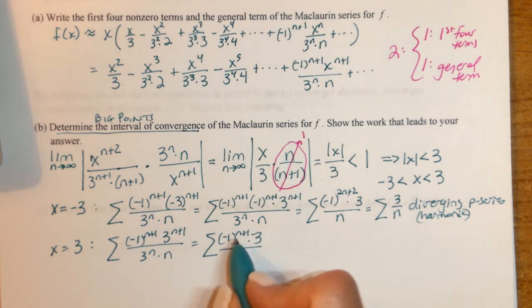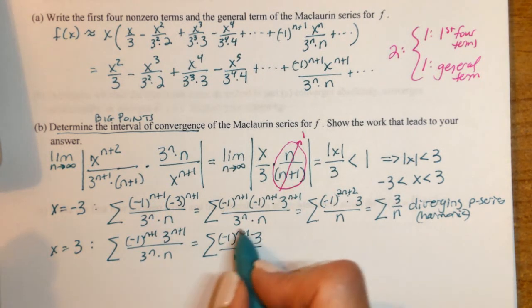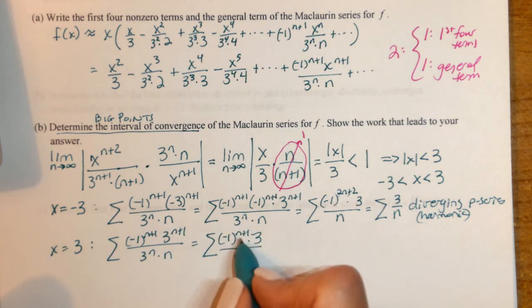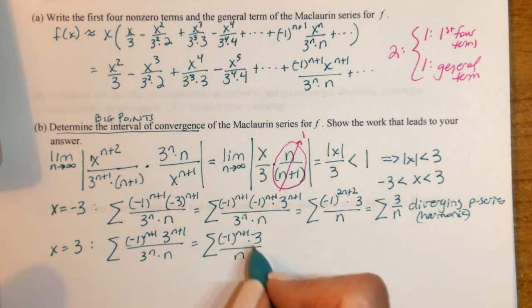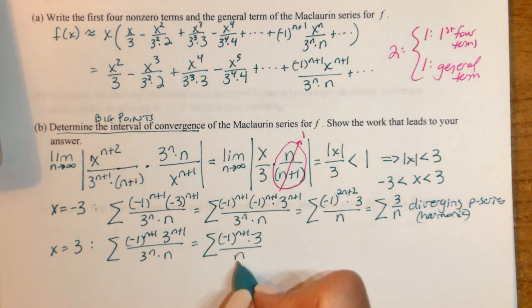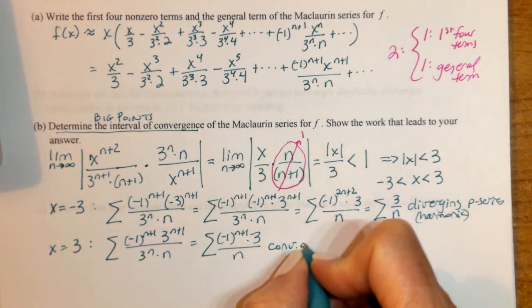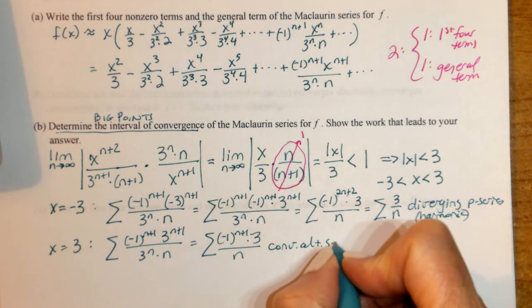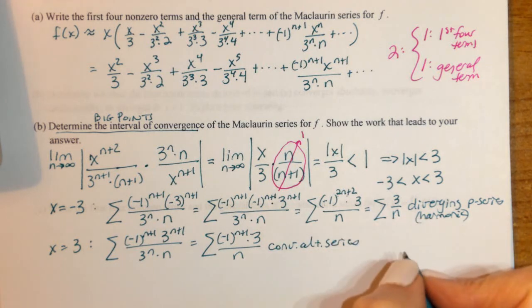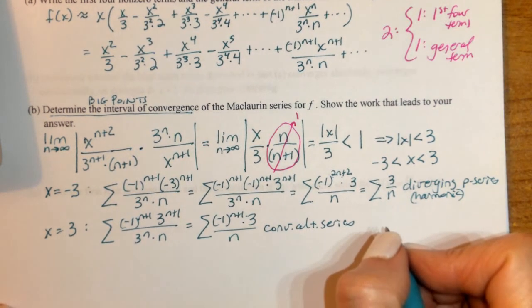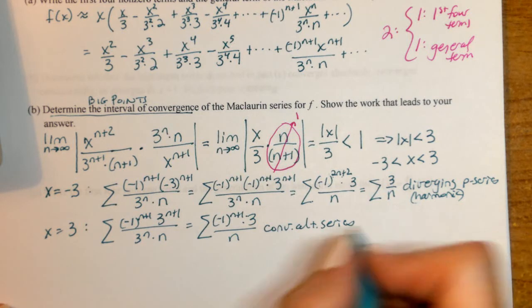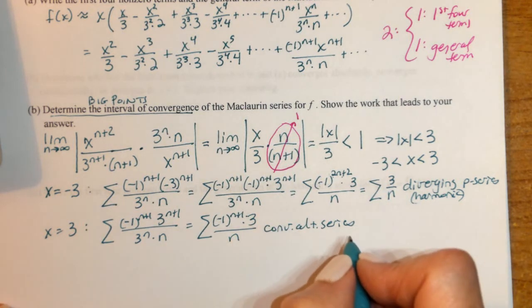So again, this is alternating. This series will be alternating. So we're alternating with 3 over n. That is going to be our converging alternating series. It converges by the alternating series test. Or you can say a converging harmonic series, because that's what we have here.